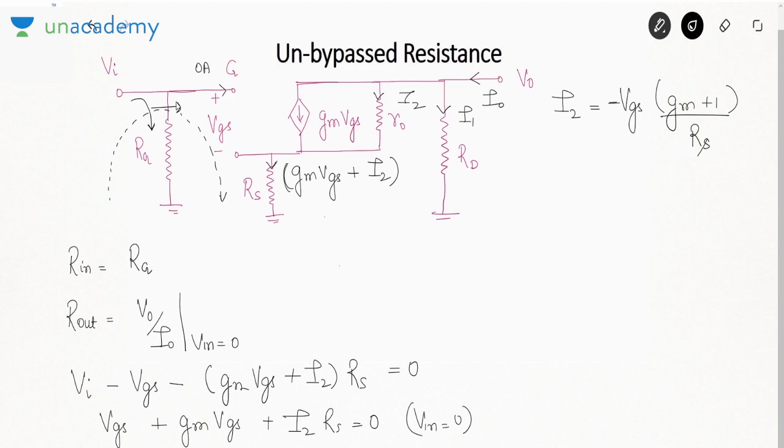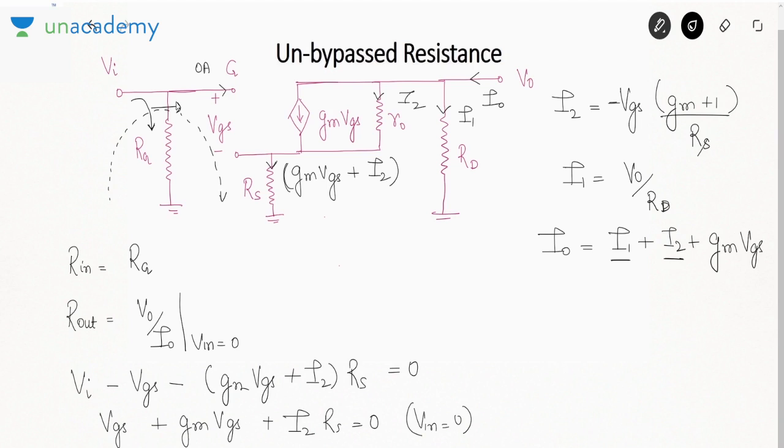I have known I2. Now what I need is I1. I1 is simply V0 over RD. But now see I0. By applying KCL I can say I0 is I1 plus I2 plus gm VGS. Now in this case I1 is in terms of V0, but I2 and the third term are in terms of VGS.